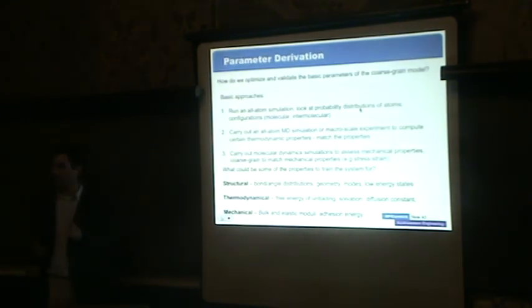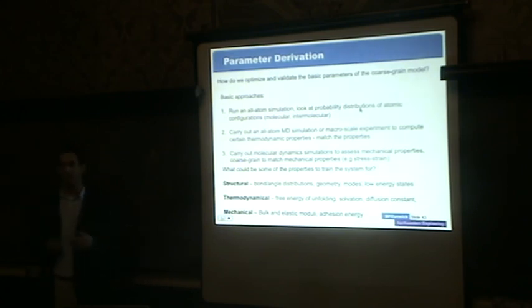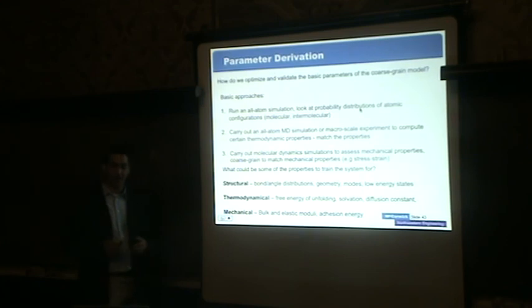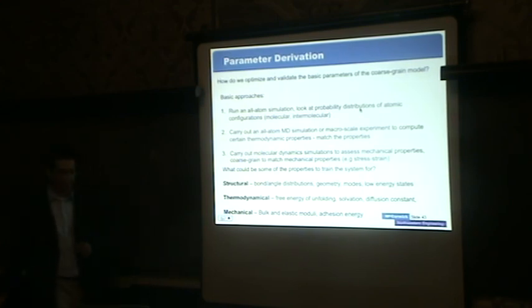And there are many different groups that have worked on how to do these parameter derivations. So how do you optimize and validate basic parameters for a coarse-grained model? This is really a fundamental question. There are several ways. You can run an all-atom simulation and look at probability distributions of atomic configurations, so intramolecular versus intermolecular.